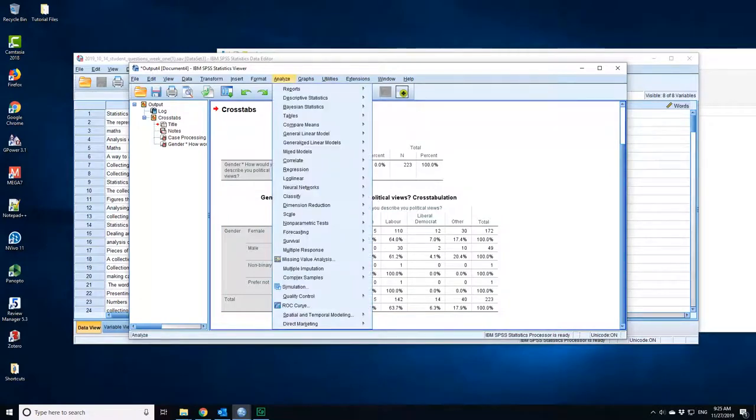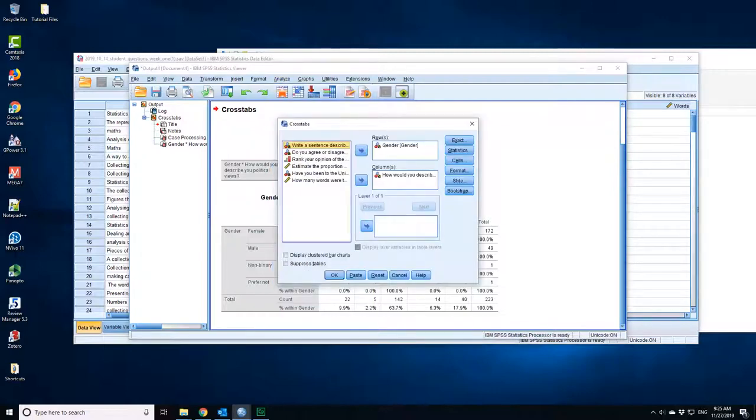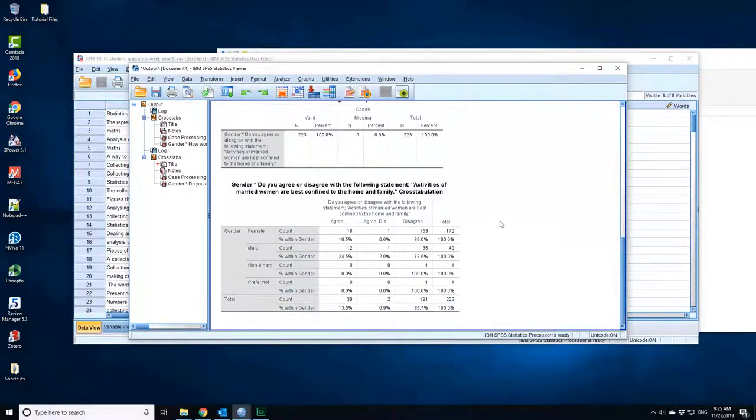If I go back and do descriptive statistics and cross-tabulations again, now we're going to do agree or disagree with the statement. So I'll press OK. In this case, agreeing with the statement is a conservative value. Some people put agree and disagree, so they've managed to tick both of the boxes.